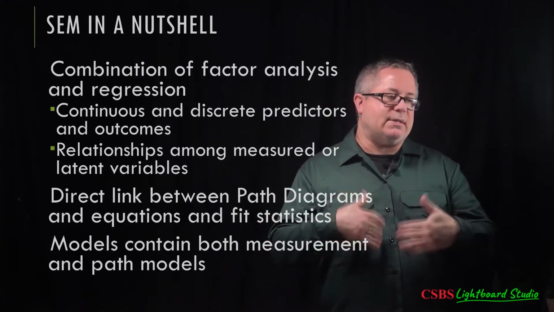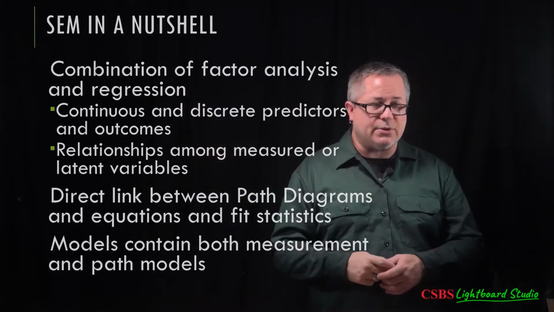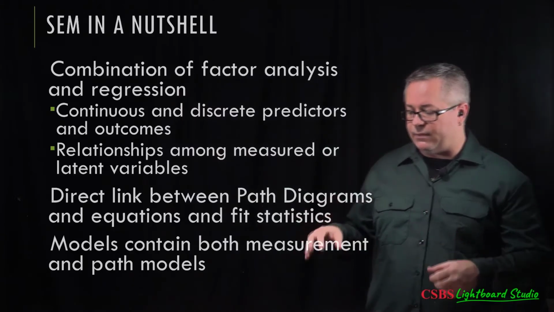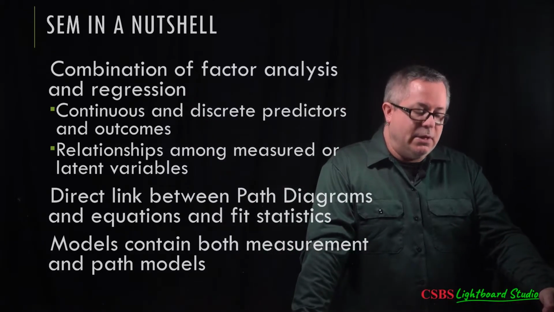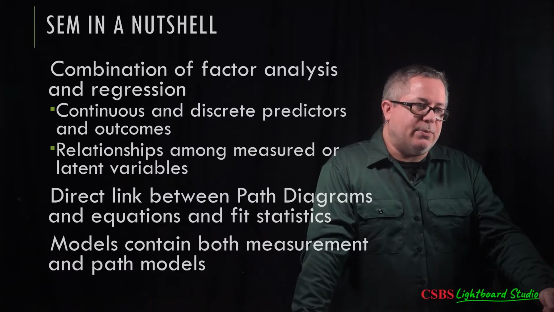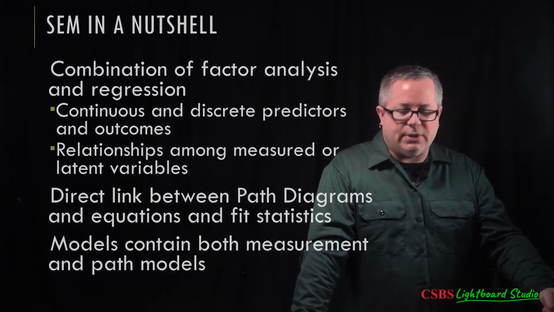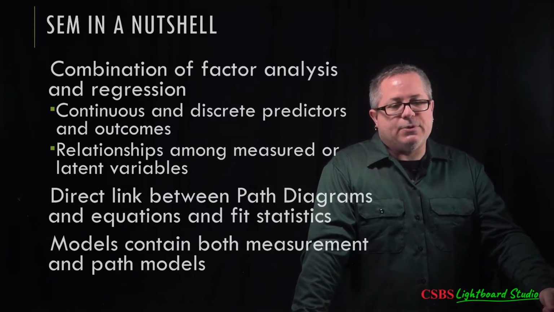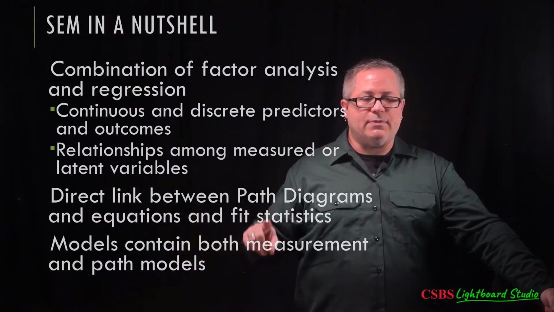If you take this a step further and add in some regression, so you're able to predict one latent variable from another, you're getting into a full structural equation model, or full structural regression analysis, which we'll get to shortly. You can have continuous and discrete predictors and outcomes and relationships among measured or latent variables, any combination of those. There's a direct link between the path diagrams and the equations and the fit statistics; everything's related together.